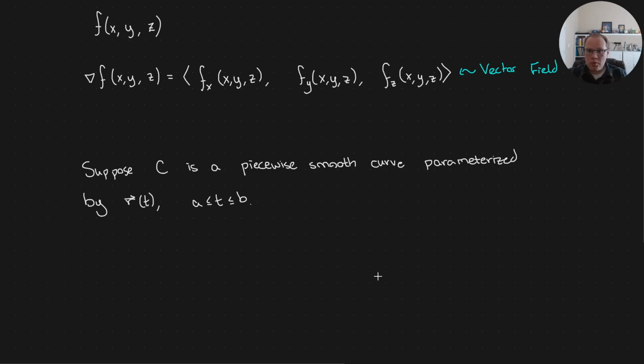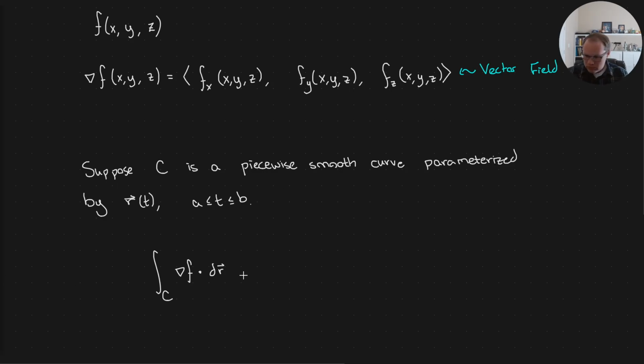Okay, now what we want to do is consider what happens when we take the vector line integral of a gradient field over a curve C.